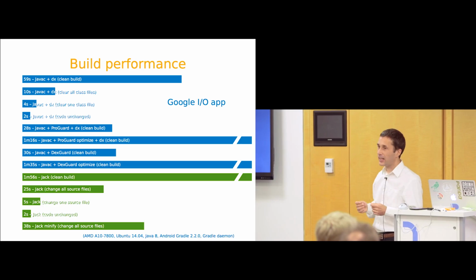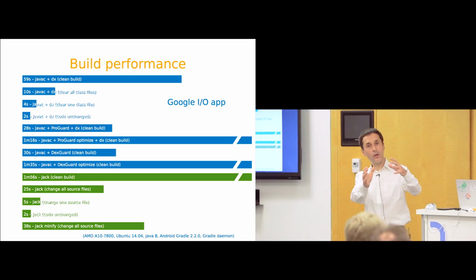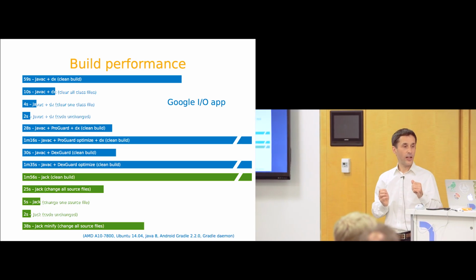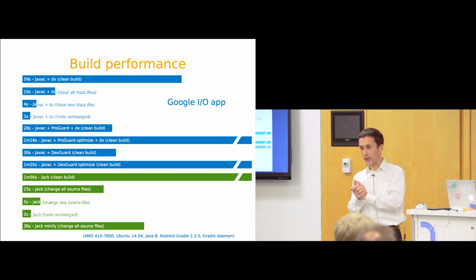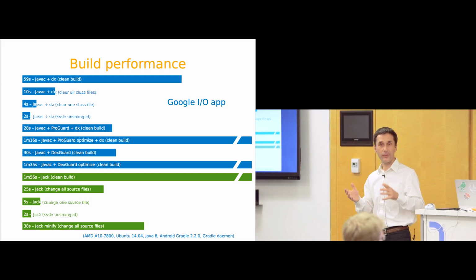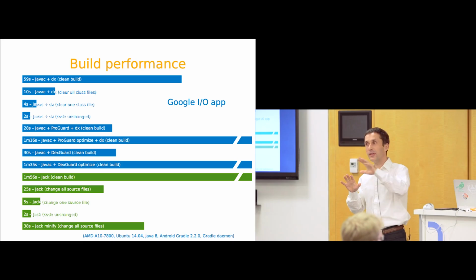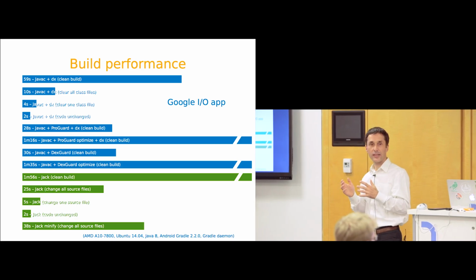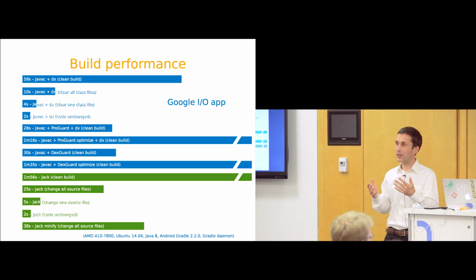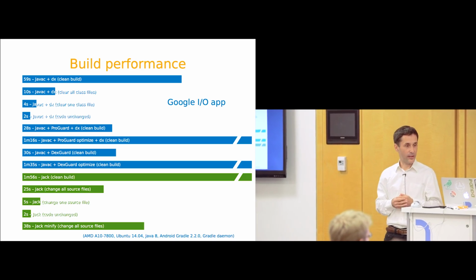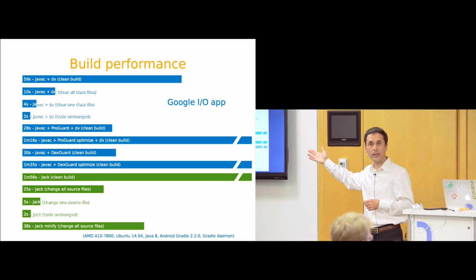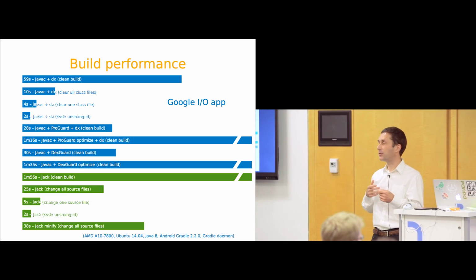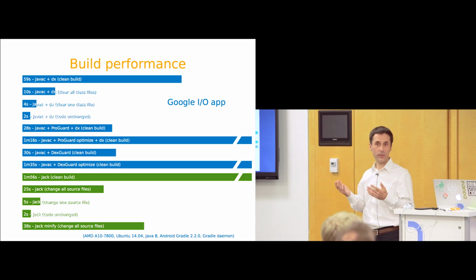The reason for that is that there's this Jill compiler, which has to take all of your libraries, all of your external dependencies, and convert those to Jayce bytecode, and that takes a lot of time. Those compiled libraries are then cached, so the next builds are faster. So this is just the initial price that you have to pay there. Subsequent builds, incremental builds, where you change a number of files, a single file perhaps, are significantly faster.